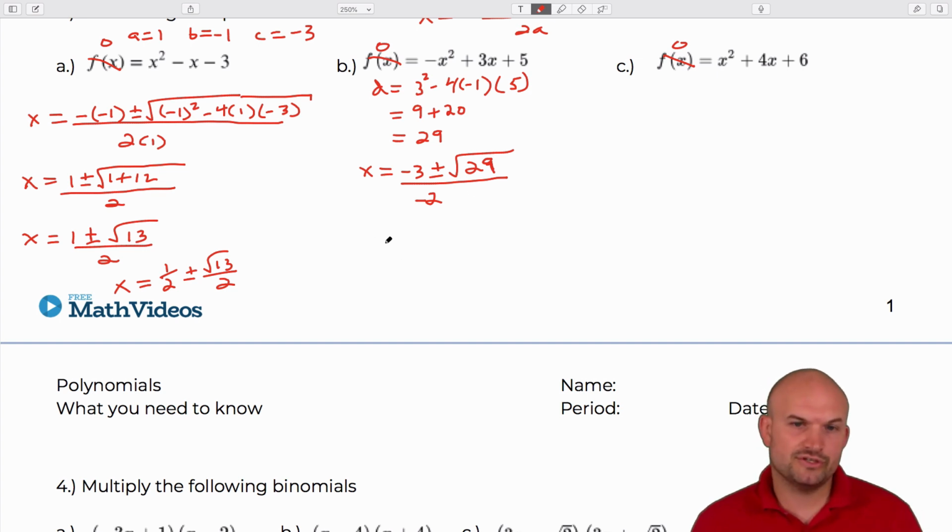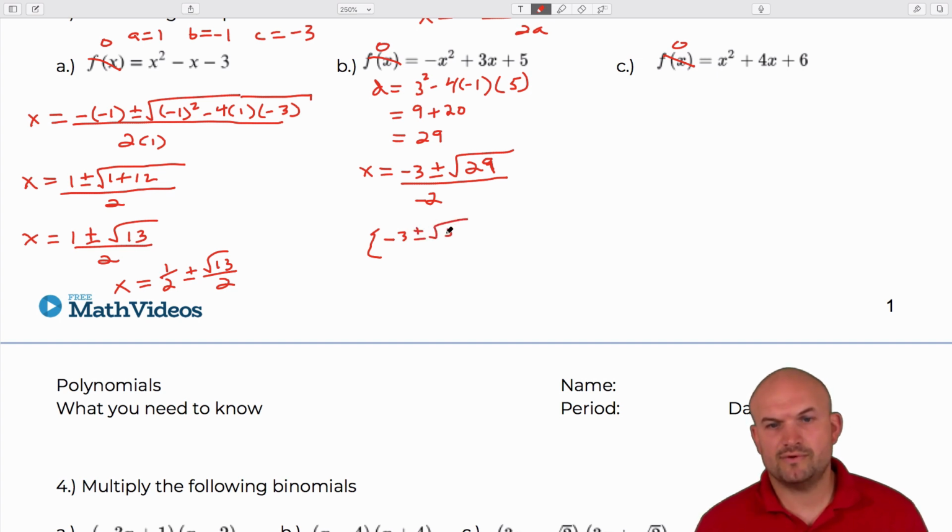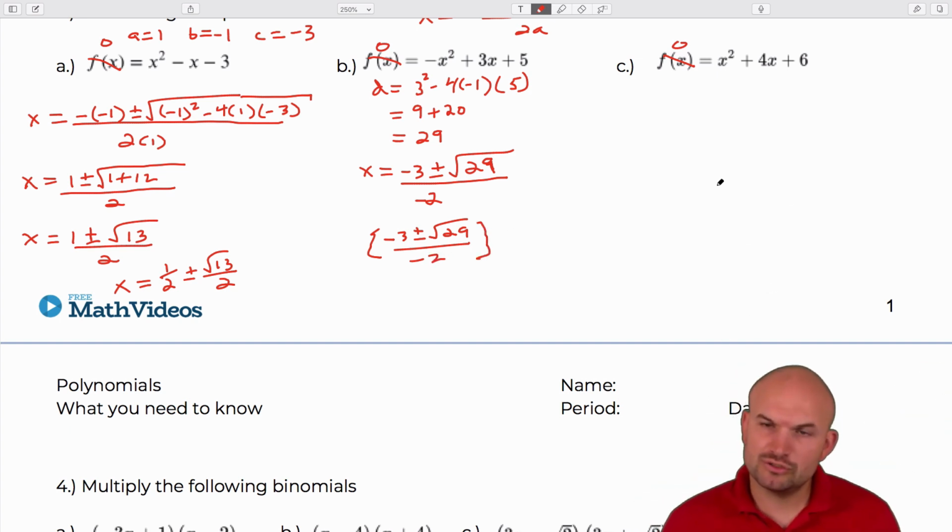And then if I wanted to write this as a solution, I could just do negative 3 plus or minus the square root of 29 over negative 2. Okay, so you could just write it as a nice little solution set there as well.